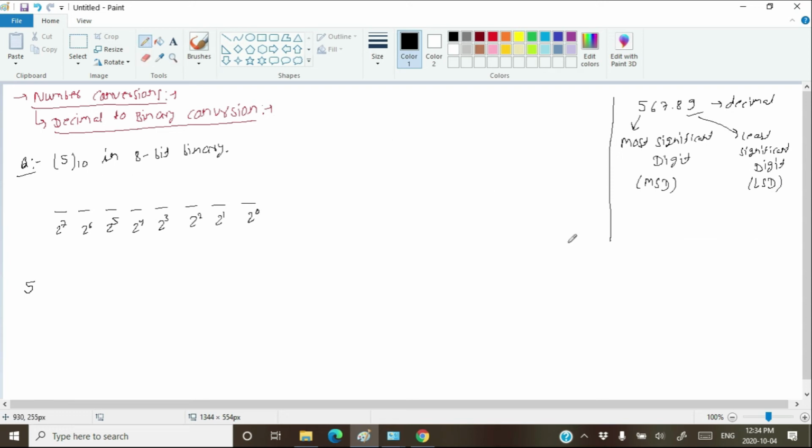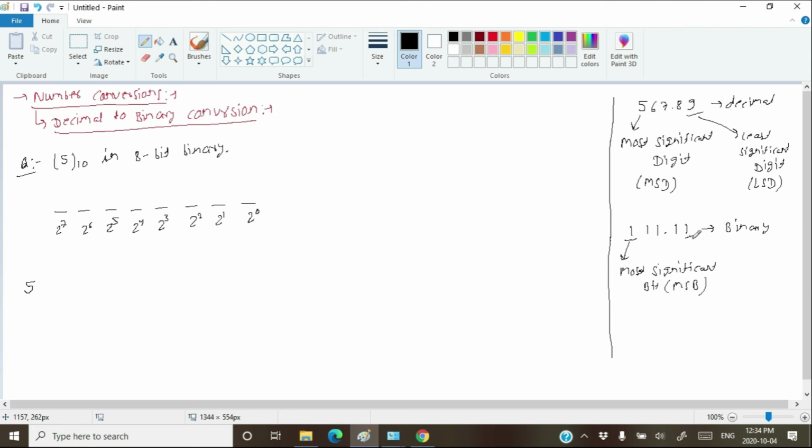Similar is the case with other number systems. For example, 111.11. This is in binary. If you change this bit, you will be changing your number by the maximum amount. So this is called the most significant bit, that is MSB.